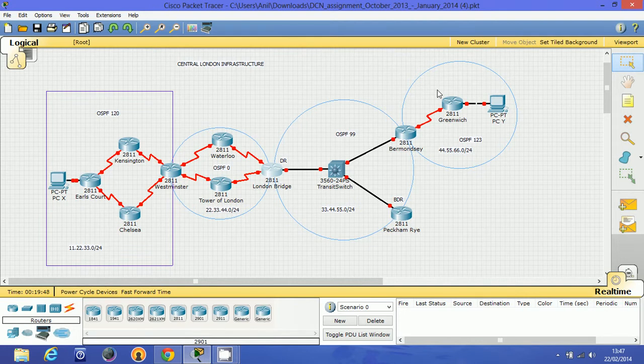In the classful scheme, IP addresses are not utilized properly, so they used to get wasted. To overcome that problem, classless interdomain routing, CIDR, was introduced. In that case, IP addresses are not categorized into different classes.